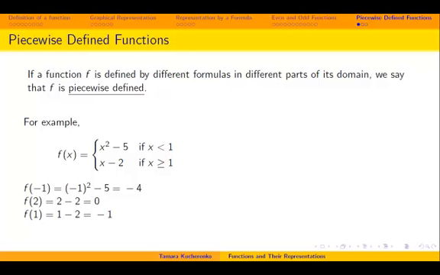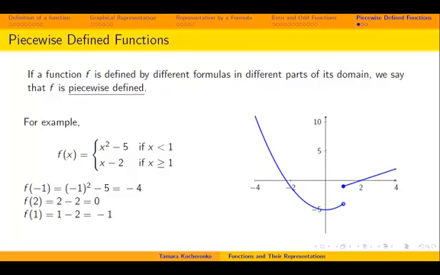How do we graph f of x? We notice that for x less than 1, f of x is x squared minus 5. So the graph of f to the left of x equals 1 coincides with the parabola x squared minus 5. And here it is. The graph of f to the right of x equals 1 coincides with the line x minus 2.